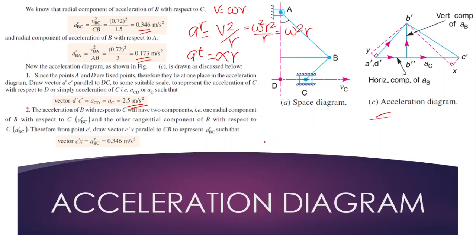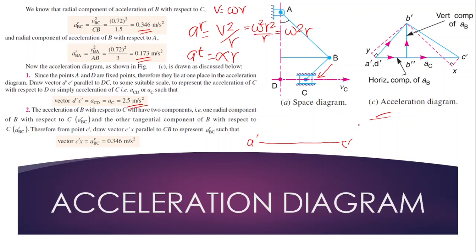Here we have already drawn that length A dash C dash. Then in the next step, we can draw the radial component of acceleration of B with respect to C. It is always towards the point C, and that means it must be in the downward direction, also passing through C.